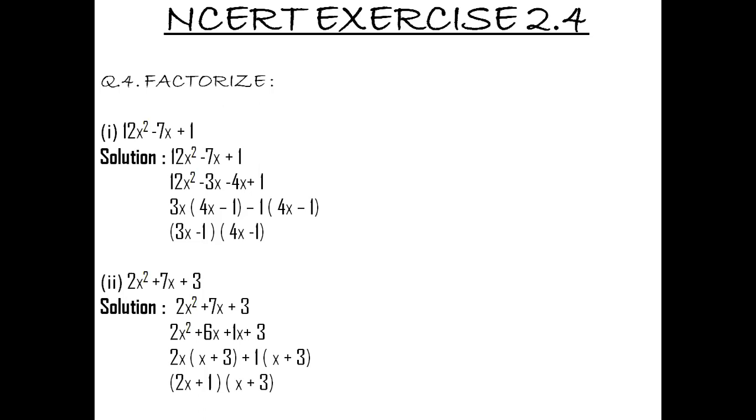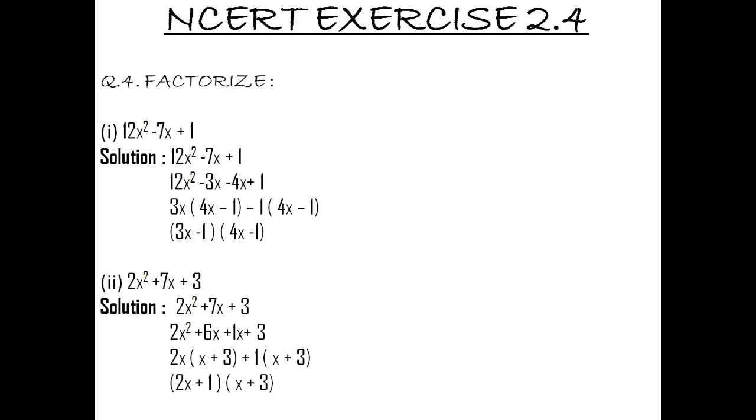In the first pair, 2x is common. What is common to 2x squared plus 6x? 2x is common. So what is left inside the bracket? x plus 3. Then plus, what is common in 1x plus 3? Except 1, nothing else. So 1 comes out as a common factor, and inside the bracket you have x plus 3.